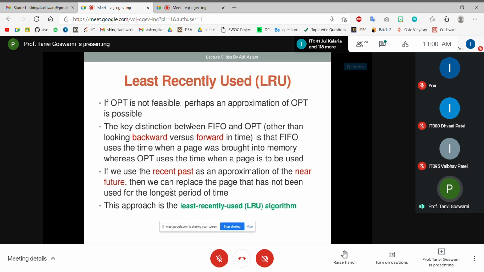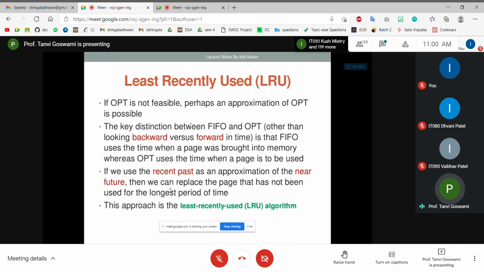But if we use the recent past as an approximation of the near future, then in the case of the least recently used algorithm, we look at the past references. Based on past references, we can predict the near future address references. So the page which has not been referred much in the past is likely to be replaced first.